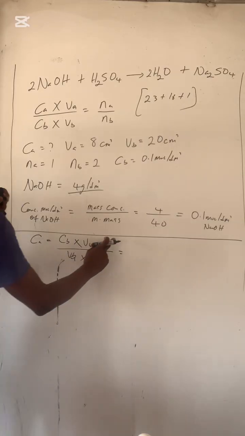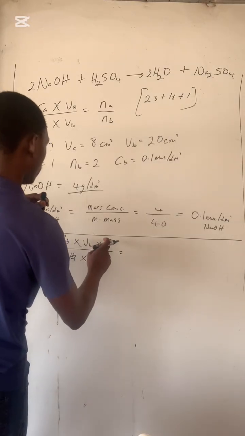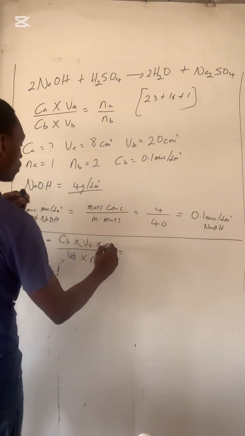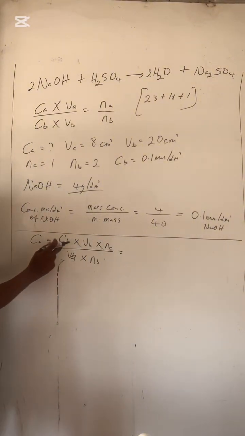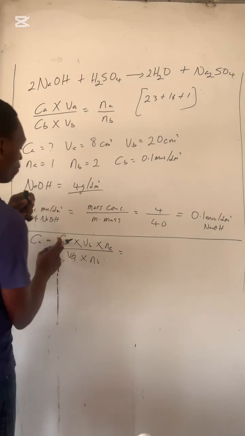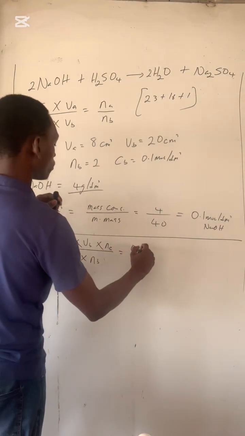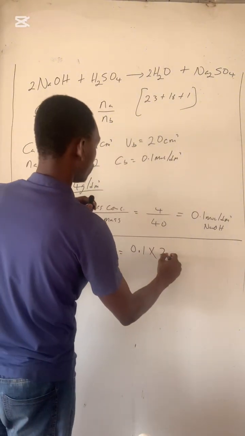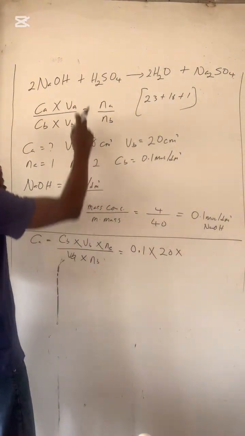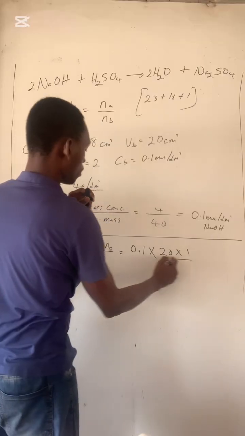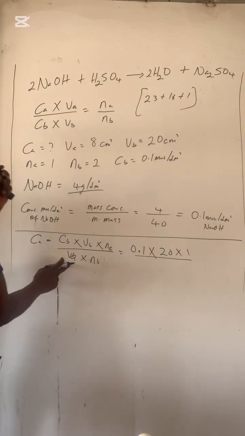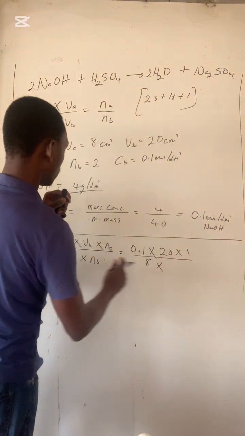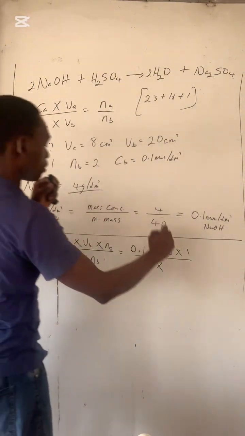Now let's plug in all our parameters. Concentration of the base in mole per dm³ is 0.1. Volume of the base is 20. Number of acid in the balanced equation is 1, all over volume of acid given to us as 8 times number of base in the balanced equation, that's 2.